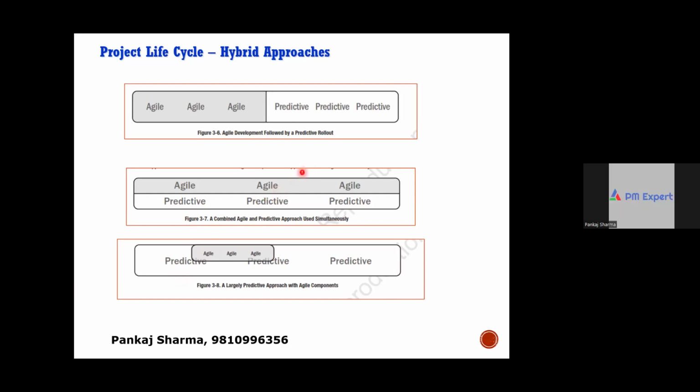Another situation where we can use hybrid is a project which is largely agile, mostly agile, but can have some predictive components. A largely agile project with some predictive components.